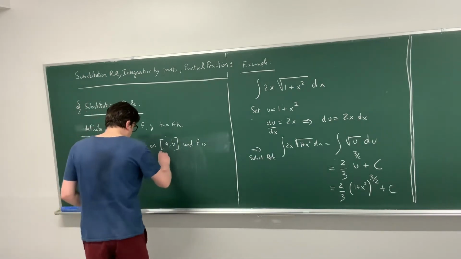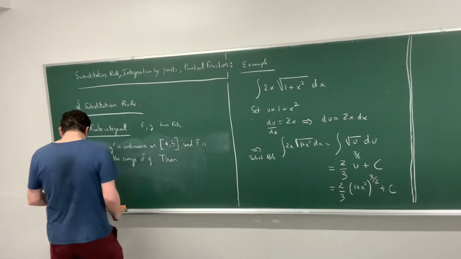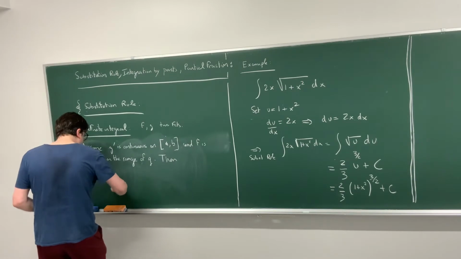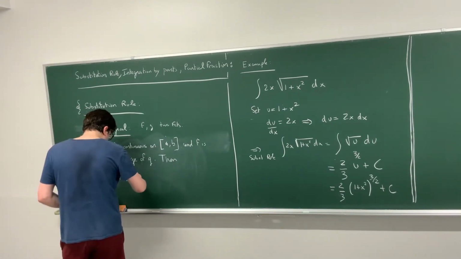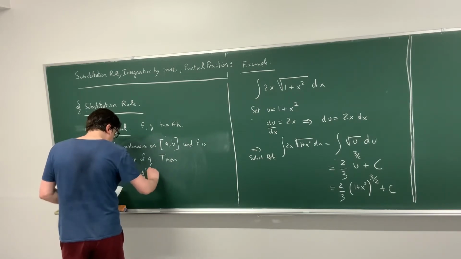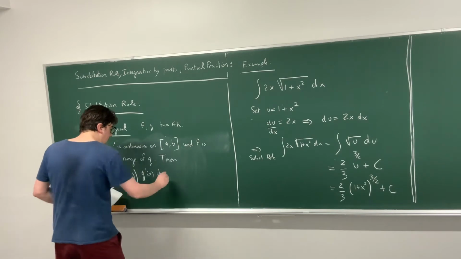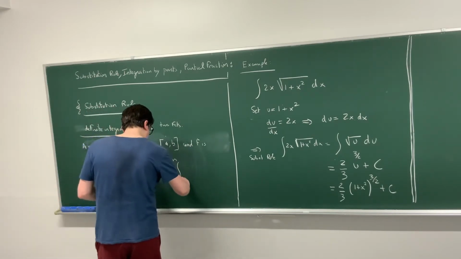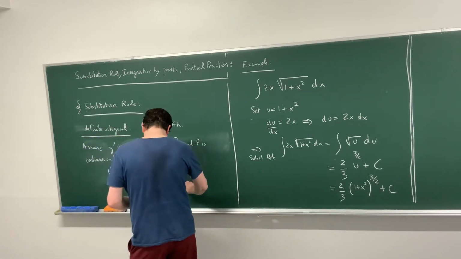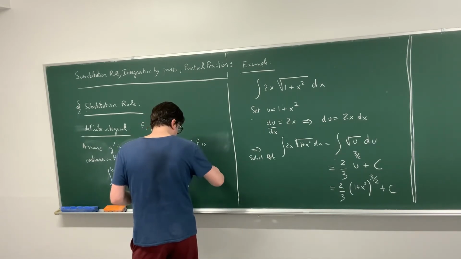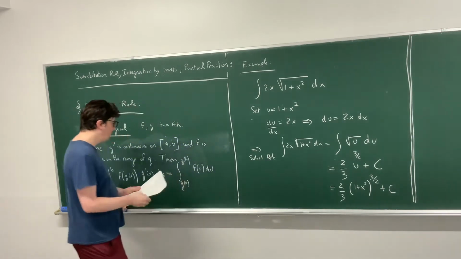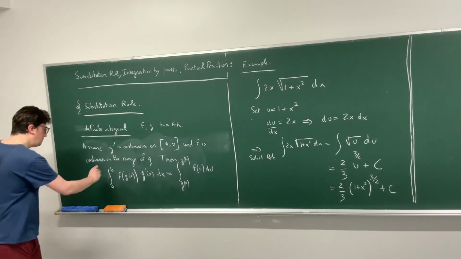If we have that, then we can conclude that the integral between a and b of f of g of x times g prime of x dx is equal to the integral between g(a) and g(b) of f of u du. Okay, so let's have a look at this formula.